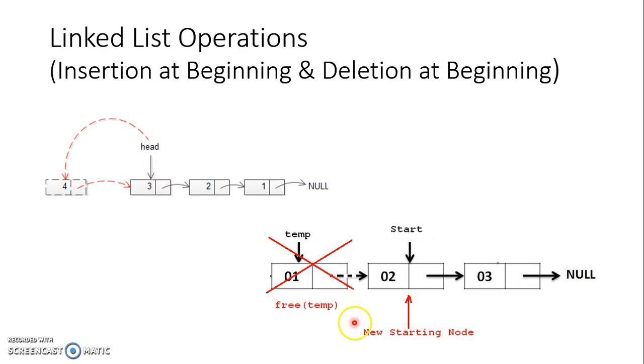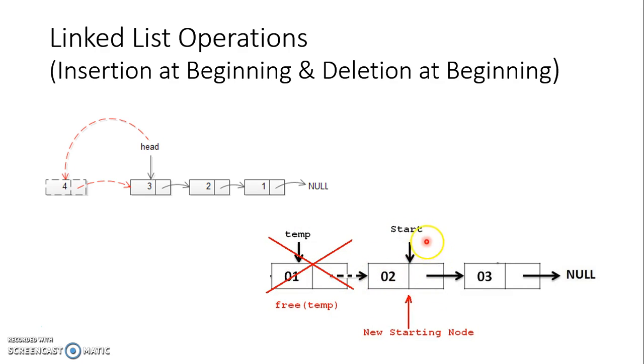In the same way, if I want to delete an element from the list, let us say this is the list and this is the first element. If I want to delete this, all I have to do is first take a temporary variable which will point to the first node of the list, and then I will make the current start, which was actually pointing to the first node, point to the next node.